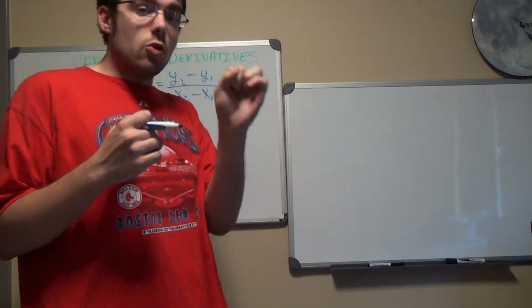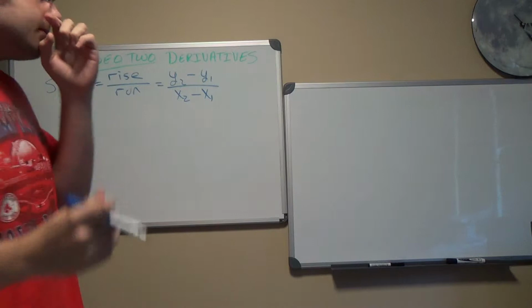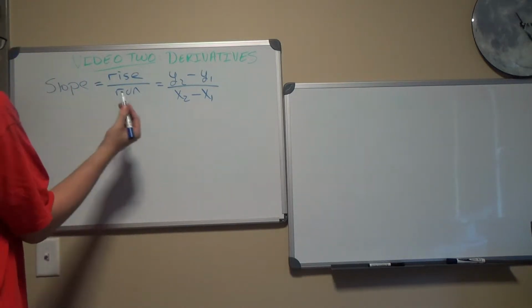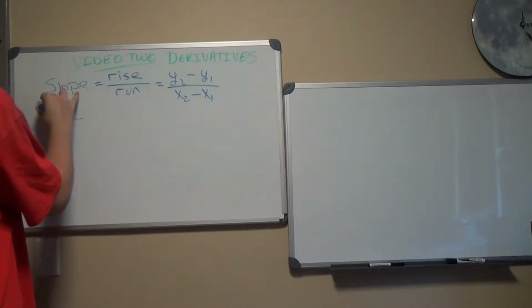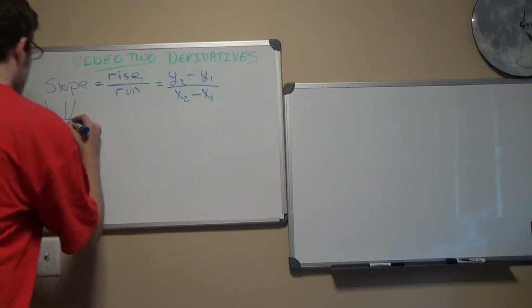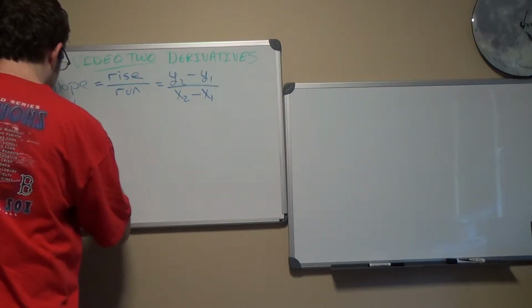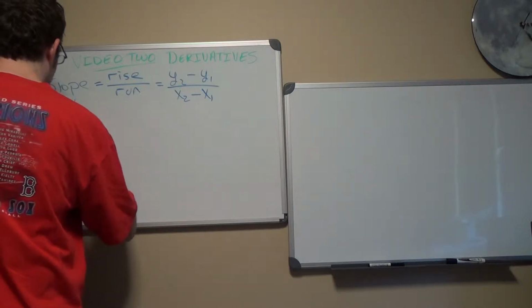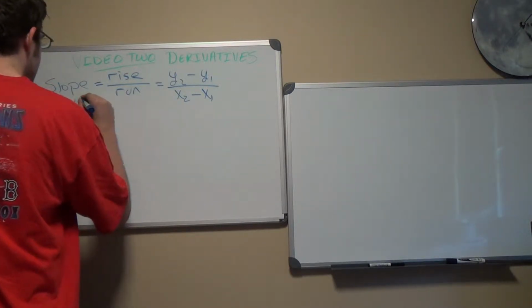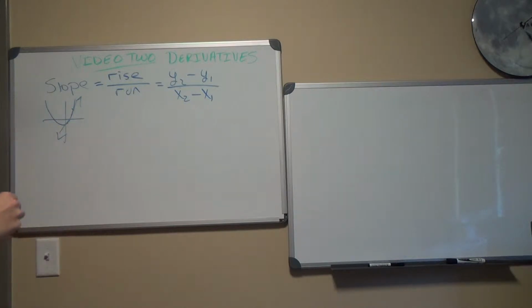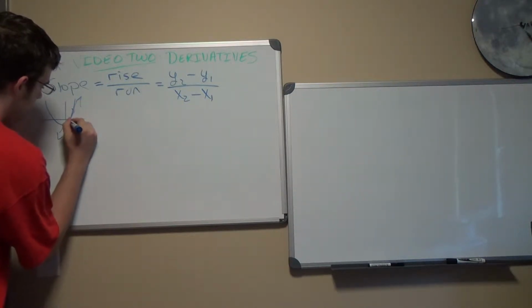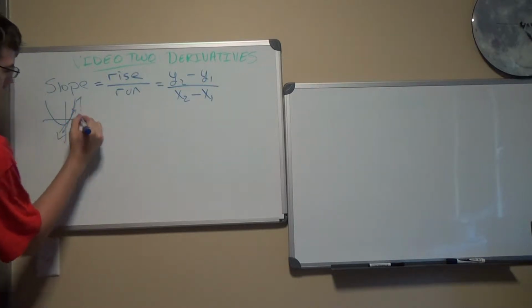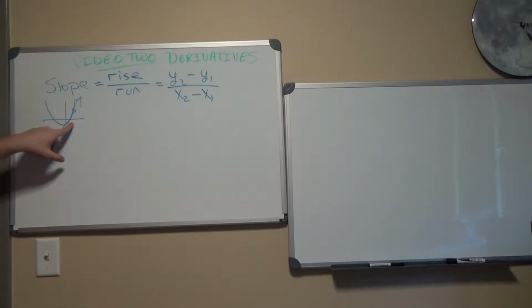You can find the slope of something at a point. Whereas before, say we had a plot like this, you could find the average rate of change from here, but you couldn't find the rate of change from this point.